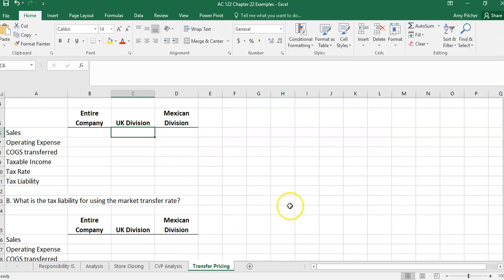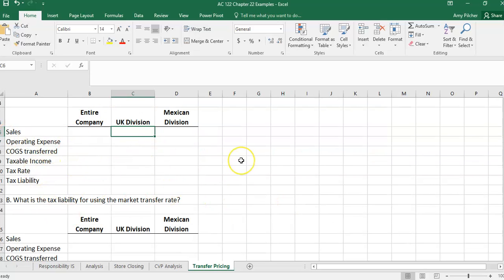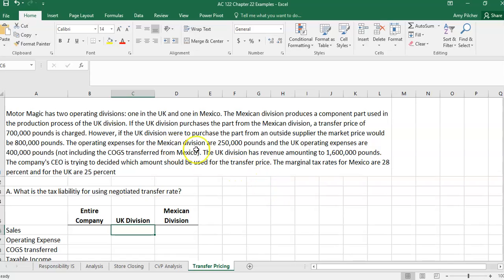So we're going to build a small income statement for the division and look at these examples. So we have the UK division has revenue amounting to £1.6 million. And the Mexican division has, this is the negotiated transfer rate, so that is £700,000.